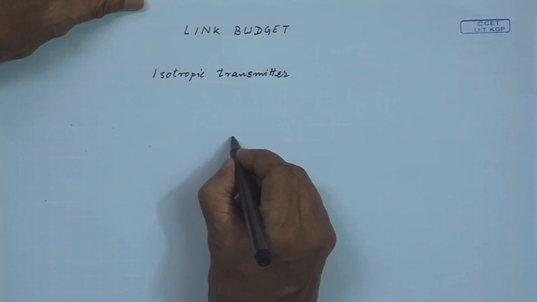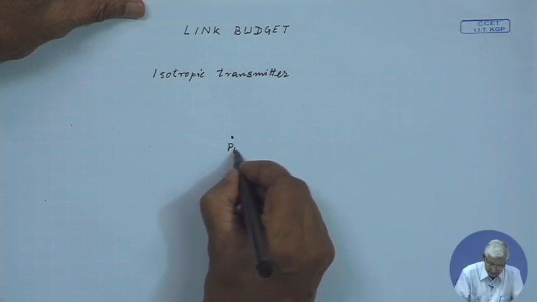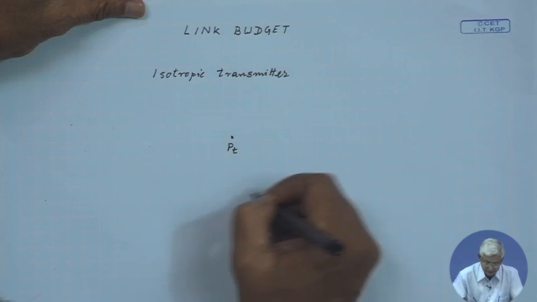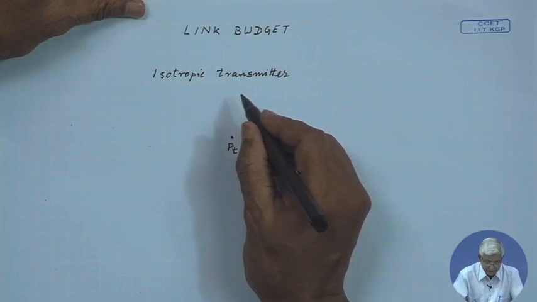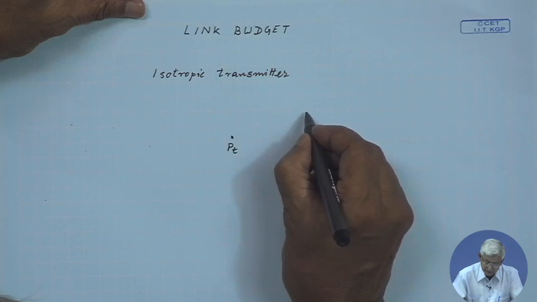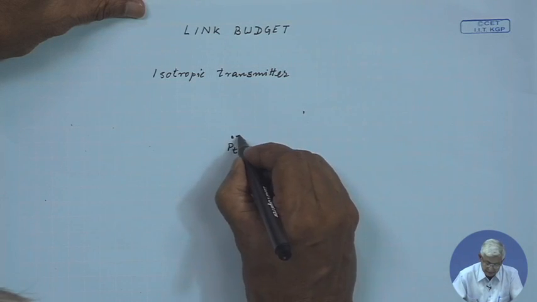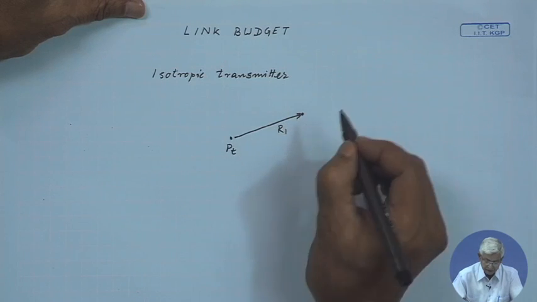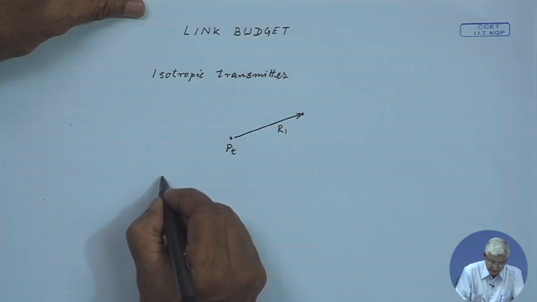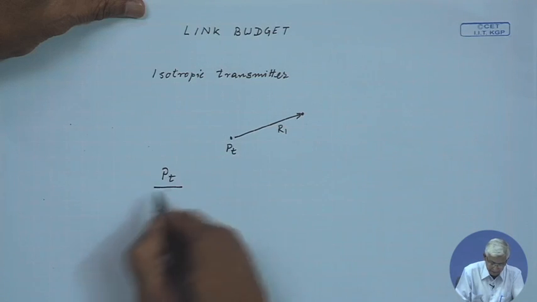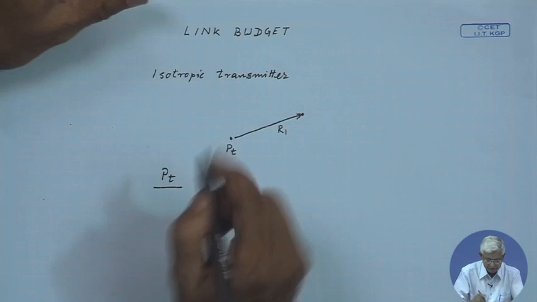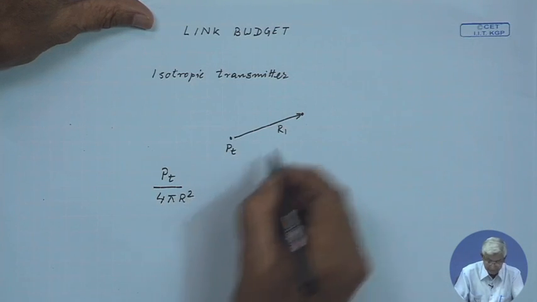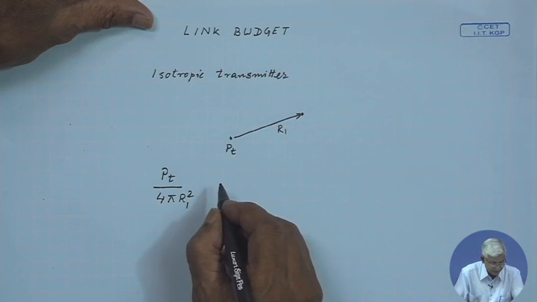Let us call the power it is transmitting, in watts, PT. So, the power at a distance, let us say r1, can be estimated as the power transmitted divided by the surface of the sphere, that is 4 pi r1 square.